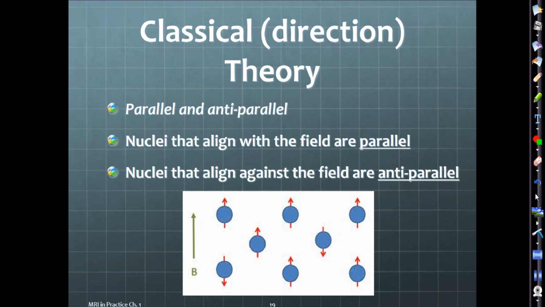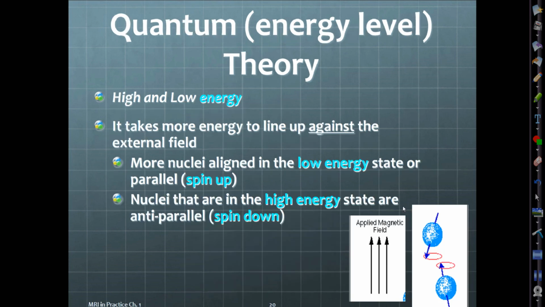All right, got that down. You can also describe it with the quantum theory, which is really just the energy level of these vectors, and it can only be described as high or low energy. Imagine you have a very strong magnet that you put your patient in, with those little bar magnets inside their body. It takes more energy for a little bar magnet to oppose the static magnetic field than to just align with it.